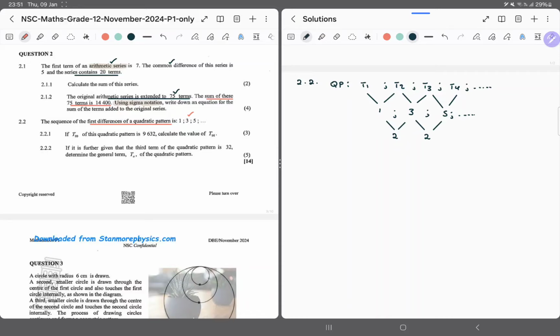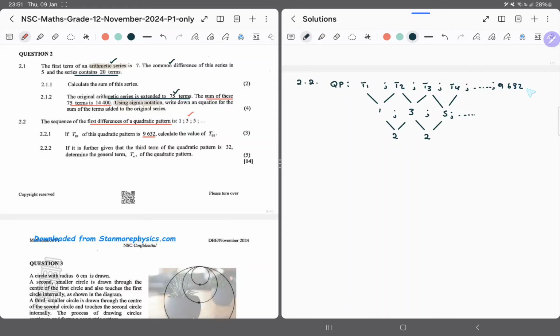So as we can see, the second difference is constant. Now what is the situation right now? It says if T99 of this quadratic pattern is 9,632, so we can say this is T99, which is 9,632.